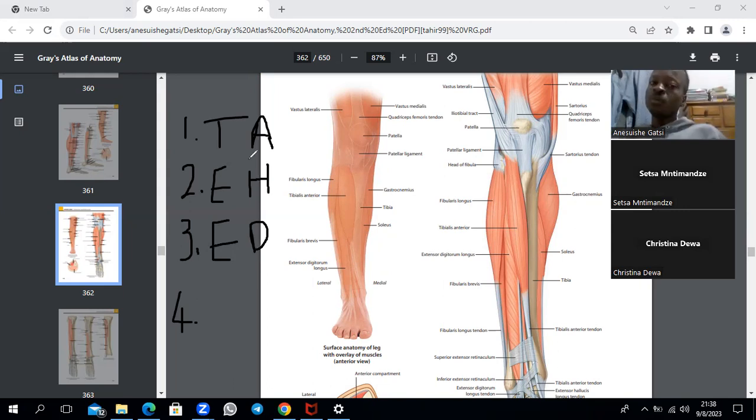There's tibialis anterior. There's extensor hallucis longus. There is extensor digitorum longus. Then the fourth muscle, we call it peroneus tertius. Peroneus, remember I said it means fibularis. It's on the lateral side. So of all these 4 muscles, the peroneus is the most lateral.